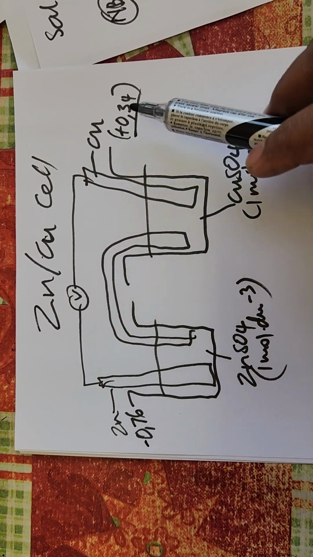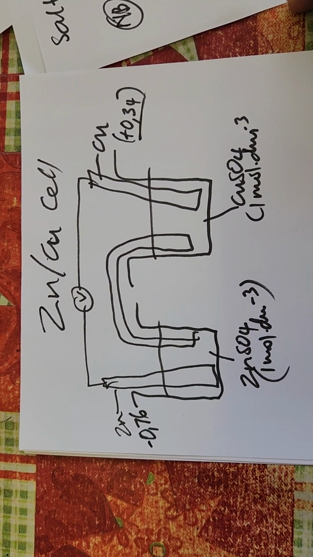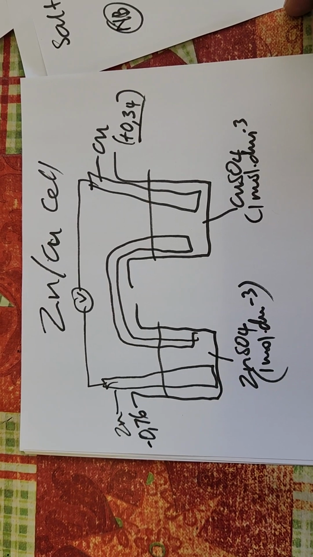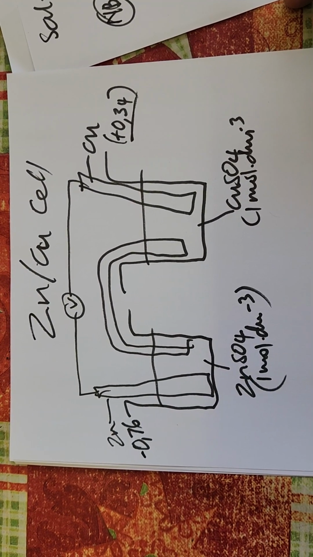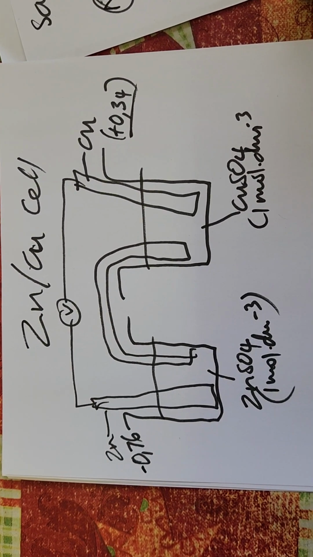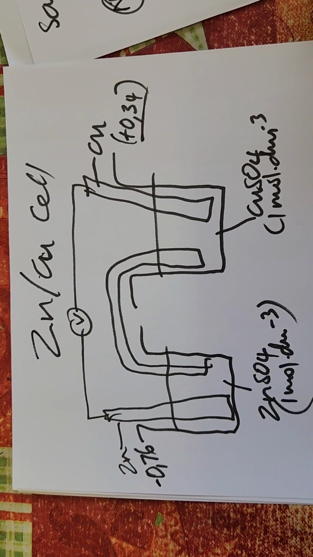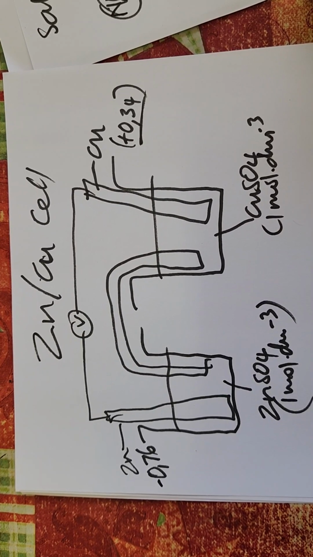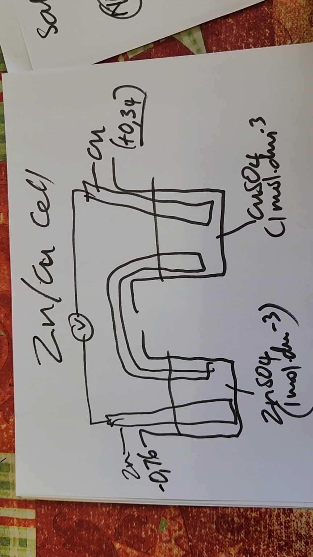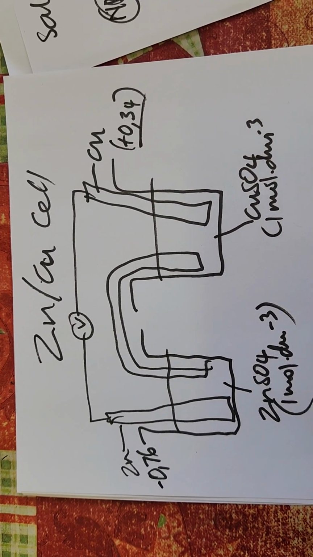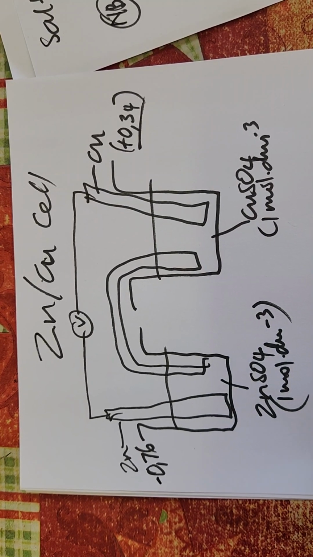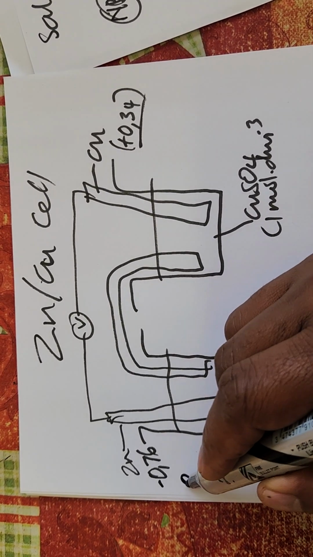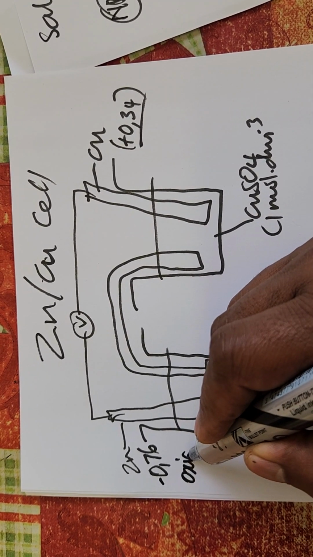Now, here they are fighting for electrons. Which one is going to win the battle? The one with the greater electrode potential will always win electrons, meaning that it will be reduced. The one with the smaller electrode potential will undergo oxidation, meaning that in this case simple zinc, that's where oxidation will take place.